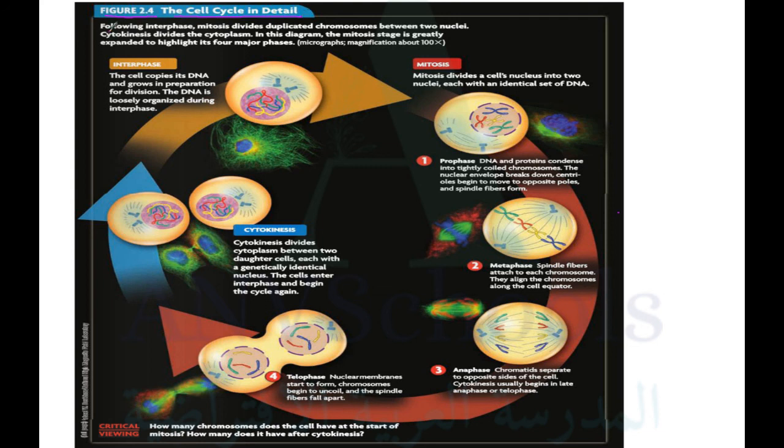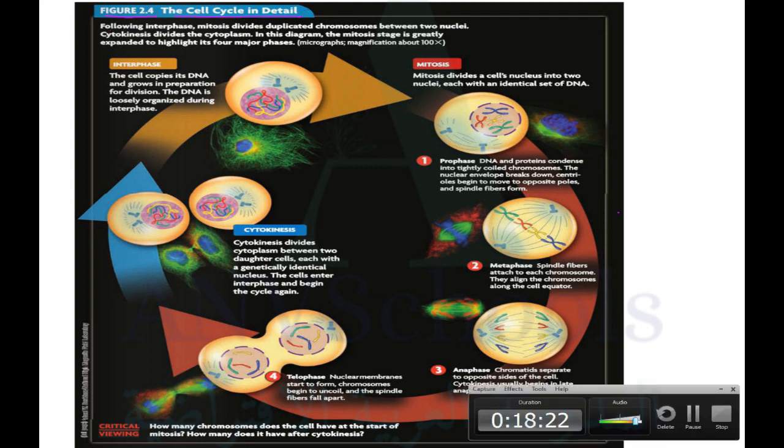Following interphase, mitosis divides duplicated chromosomes between two nuclei. Cytokinesis divides the cytoplasm. We will look at them in the next video, and we will discuss it all.